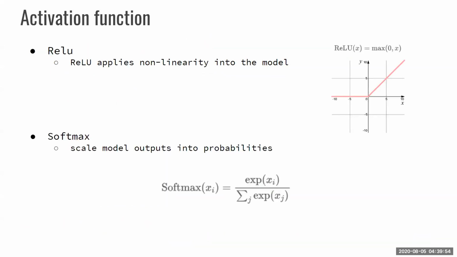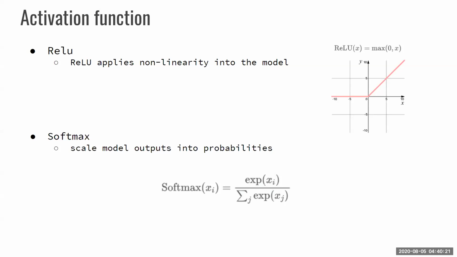And after the convolution layer, we have the activation function. The two most common activations are the ReLU and the softmax. The ReLU activation is non-linear, and it captures non-linearity in the image or the matrix, so it can draw non-linear decision boundaries.